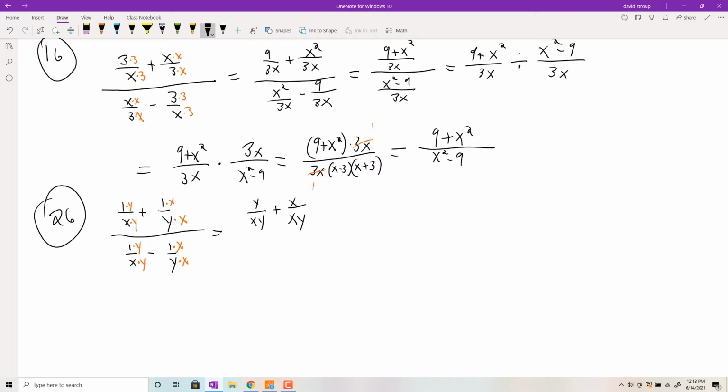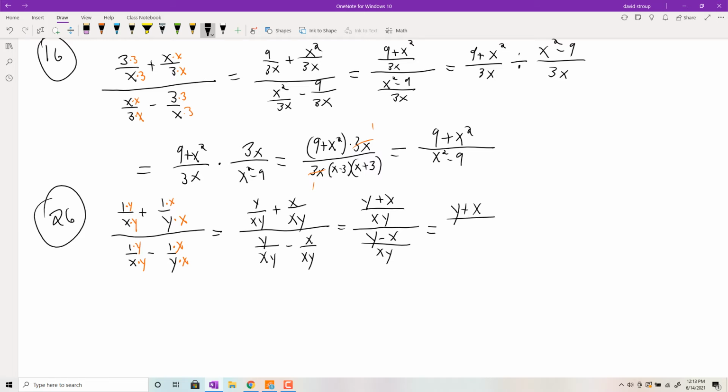I got my common denominator apparently. I'll try not to jump to the conclusion: y over xy minus x over xy. Now combine numerators over common denominators: y plus x all over xy, all over y minus x all over xy. Turn it into division.